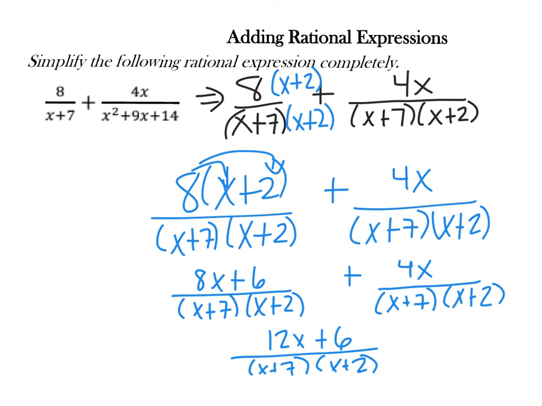Now, I do notice that the 12x and the 6 have a 6 in common. So if I wanted to factor out this one on top, this is what I would get. If I factor out a 6, I would be left with 2x plus 1 on top, divided by x plus 7, x plus 2.